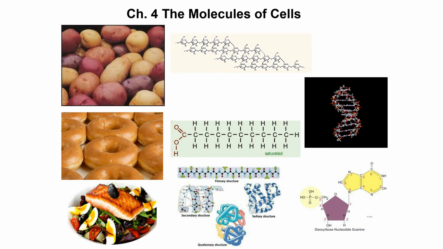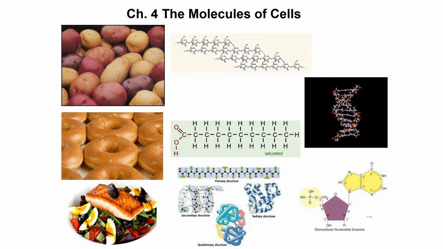Alright, class, so chapter 4 is all about discussing organic molecules and giving you a little bit of background as to what they are and the cool features that these molecules have.